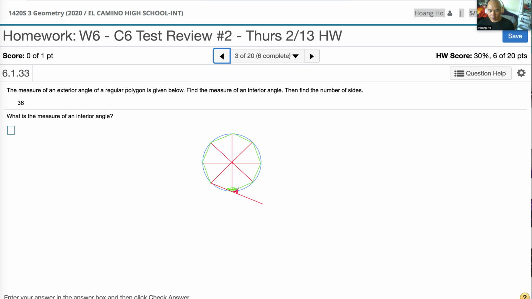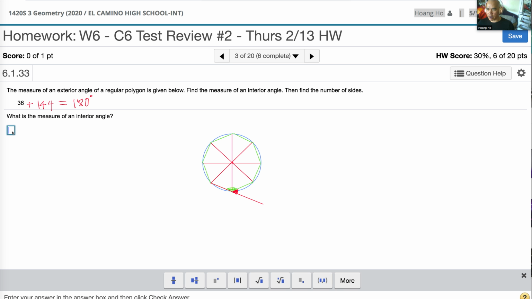As you see, the interior angle and exterior angle are supplementary. So if you know the exterior angle is 36, the interior angle has to be 144.